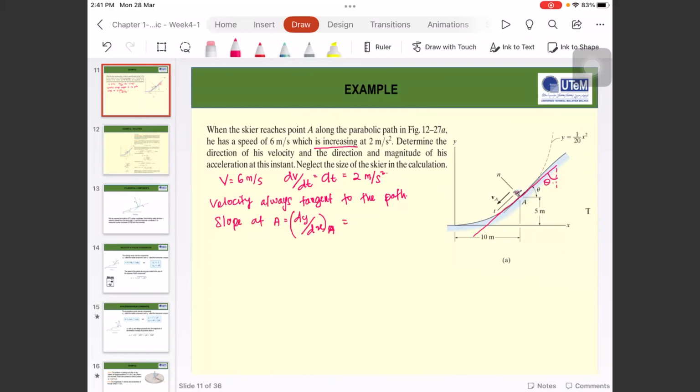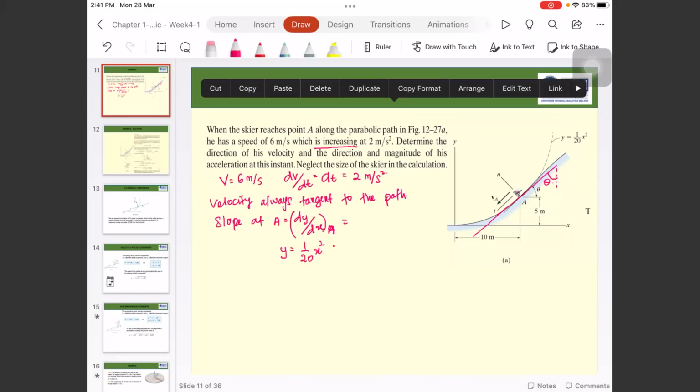Given y is equals to 1 over 20 x squared, so dy over dx adalah 1 over 10 x. So since x equals to 10 meter, dy over dx is equals to 1.